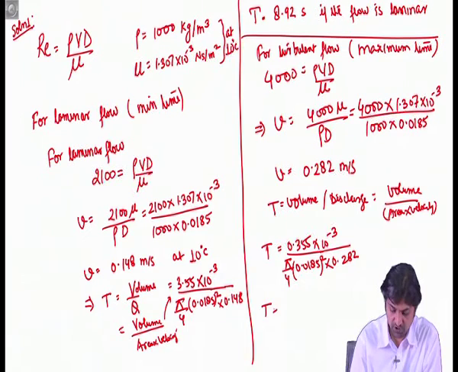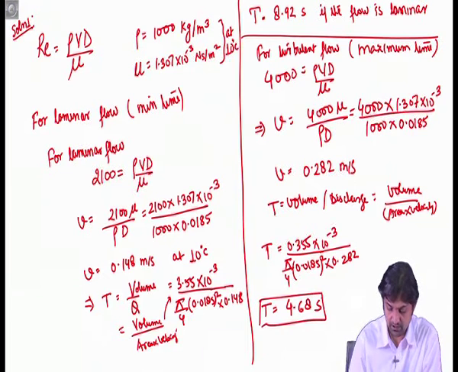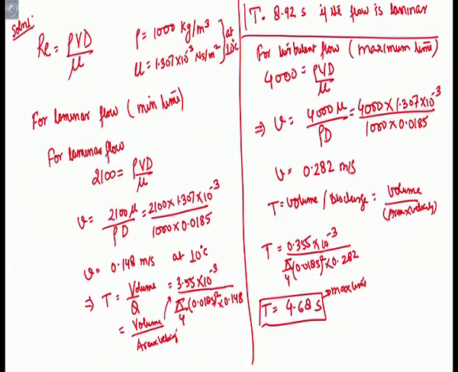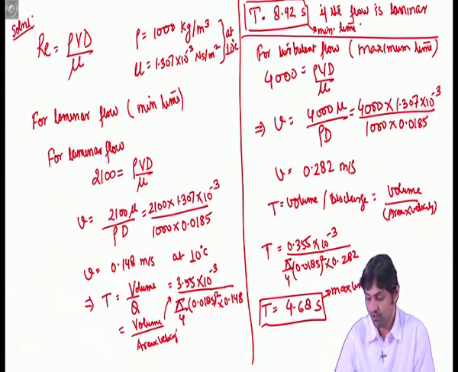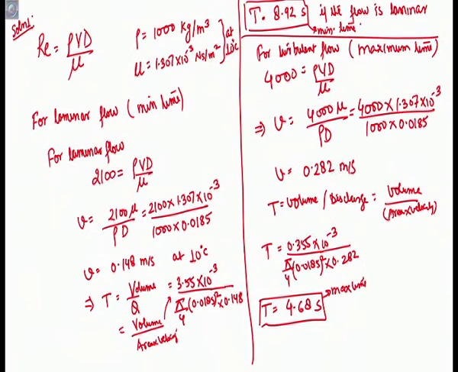So the maximum time required is going to be 4.68 seconds. This was the minimum time, and that was the maximum time. So you have seen how this is calculated.